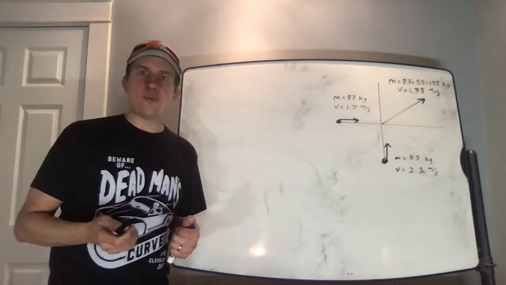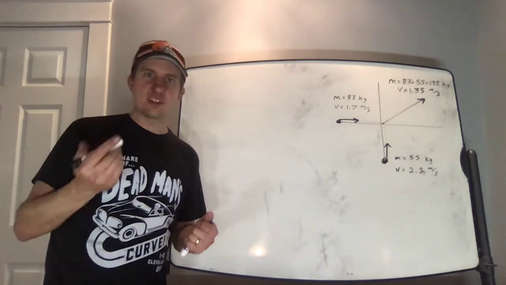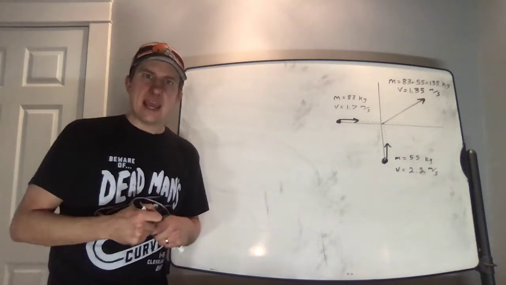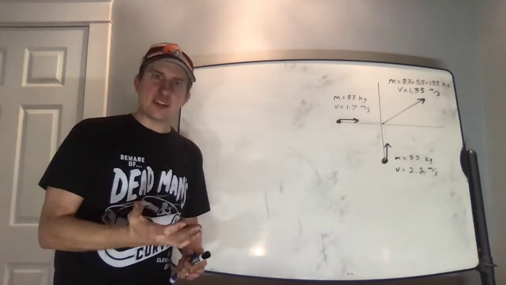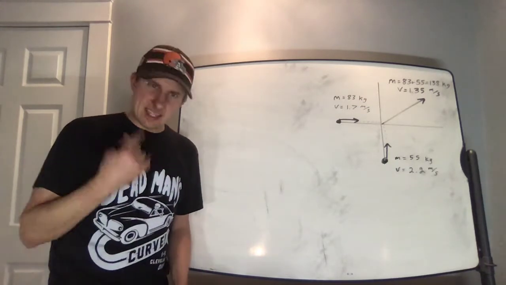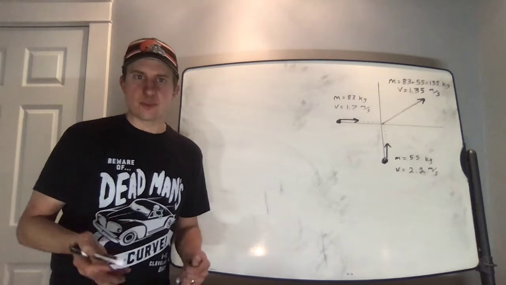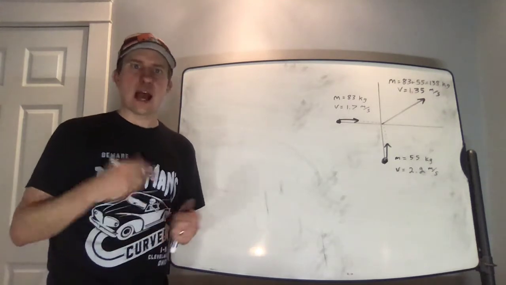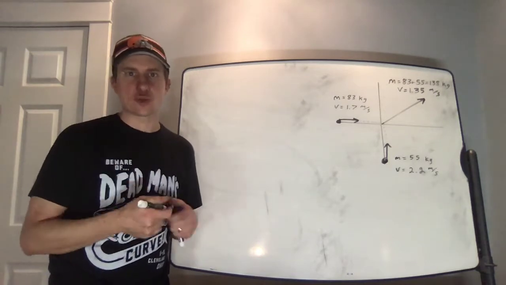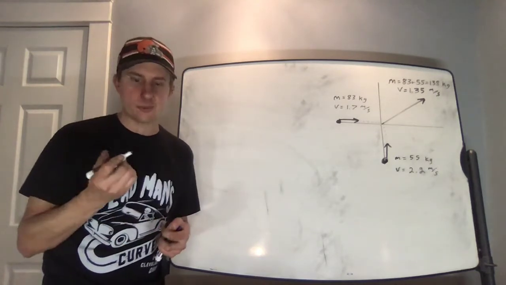But a different problem might ask you to find what percentage of the kinetic energy remains after the collision. And even though it is essentially the exact same problem, the techniques are all the same, technically the question is asking for something different. So just be careful about how a problem is worded. Make sure when you're doing homework that you're answering exactly what the homework asks for.